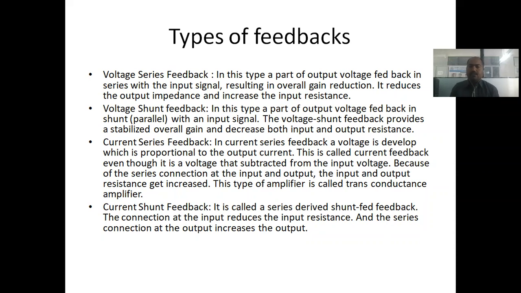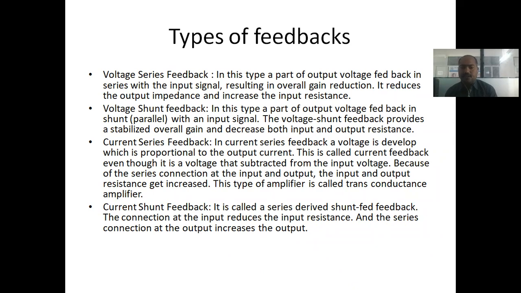Now, the voltage series feedback. What do we do in this feedback? Feedback means we apply a signal and its output comes. Part of the output is again applied to the input in series. In that case, it is called voltage series feedback.